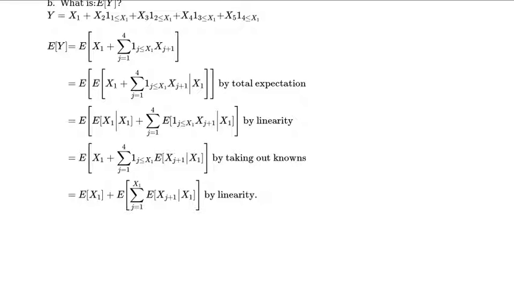Because that indicator function, all that does is it says don't sum past x1. So that's the same as summing from 1 up to x1, and then we just repeat the conditional expectation inside of x_{j+1} given x1. And then we take the expectation of all that stuff.